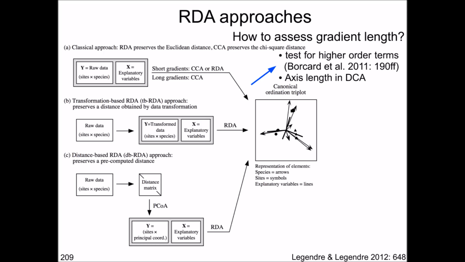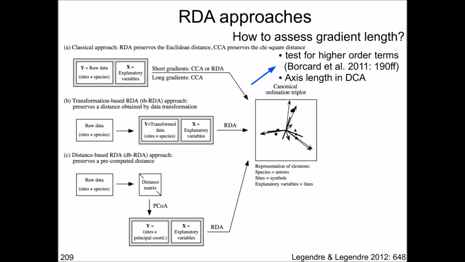Now you may ask, well, how do I know whether I have a unimodal gradient or a linear gradient? So typically a unimodal gradient would be from a mean or maximum optimum of a species would be 4 standard deviations to each side.